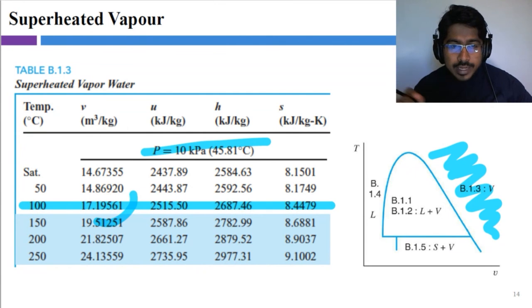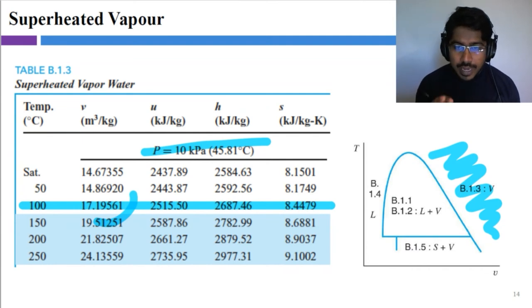And if it is 20 kilopascals pressure and 100 Celsius, can we use this table? If you were asked to find the specific volume of superheated vapor at 20 kilopascal and 100 Celsius, can we use this portion of the table? We cannot, right?